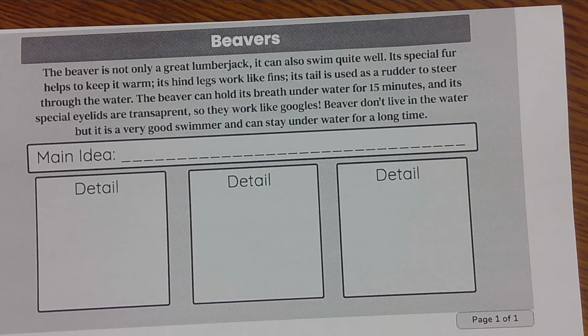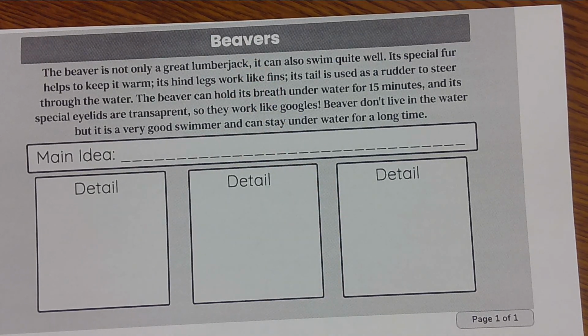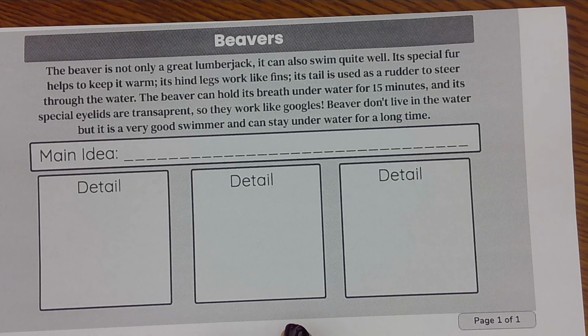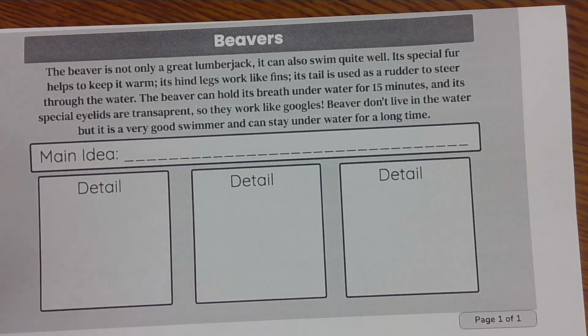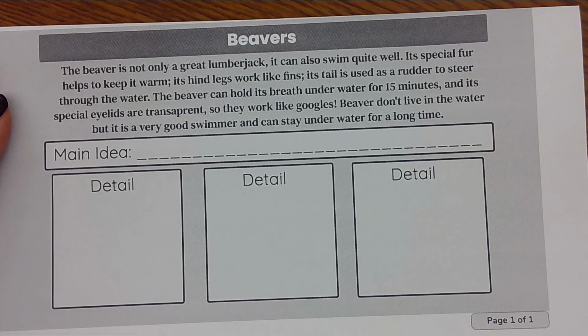I can think about how big they get. Do they live in groups? So to me, this is just a topic. I don't think that's helping me much with the main idea, but it sure is getting my brain, my thinking voice ready for this passage. So I'm going to read, and you can follow along. You can read with me or listen, but you've got your thinking voice going.